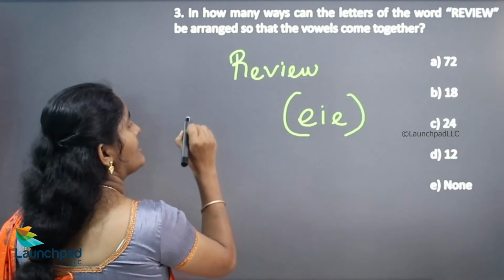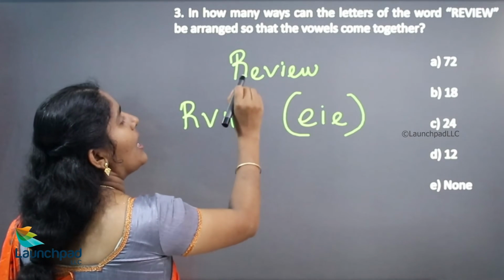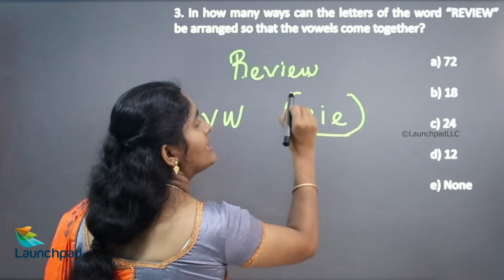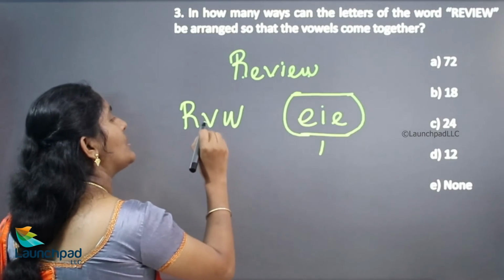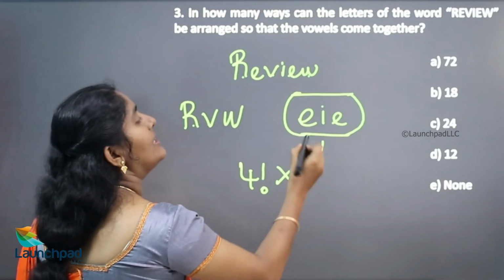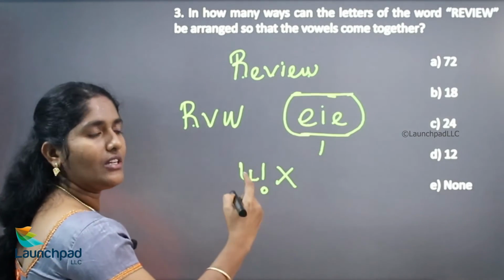Separate your consonants: R, V, W. R, V, W are the consonants. Now we can consider these 3 vowel letters as one letter. 1, 2, 3, 4. 4 factorial, and the vowels will be arranged in some ways.